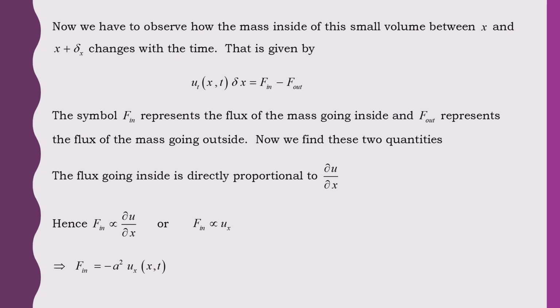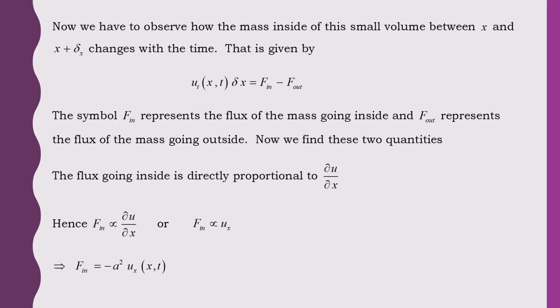Now we need to observe the change of the mass with time in this small portion of the pipe between the positions x and x plus delta x. Here u sub t times delta x equals f sub in minus f sub out.